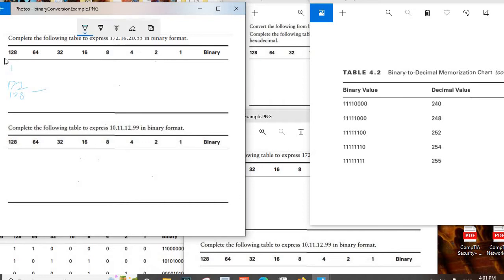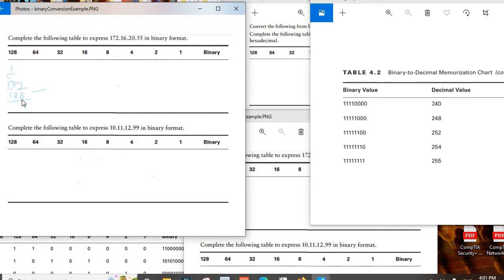Given whatever number you're starting with, you take the largest number here and subtract it. So I have my tick mark for, okay, 172 is going to have at least one item in the 128 range. And what do I have left over? It should be 44.